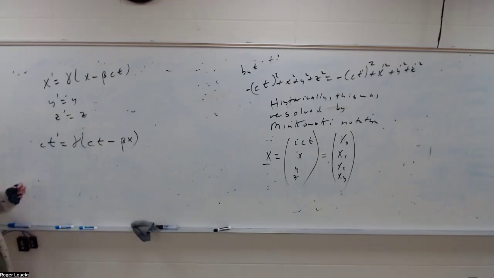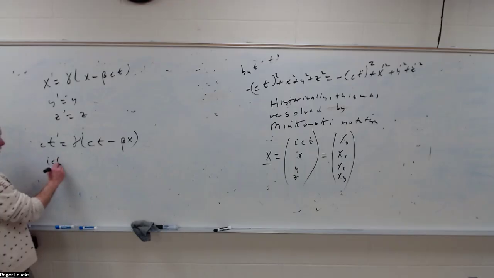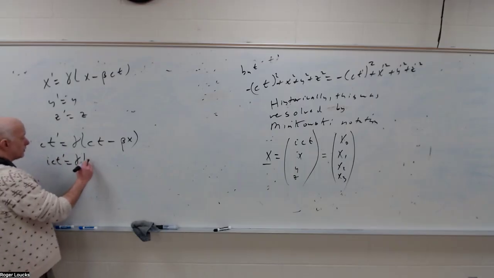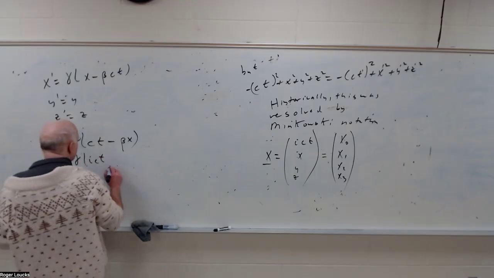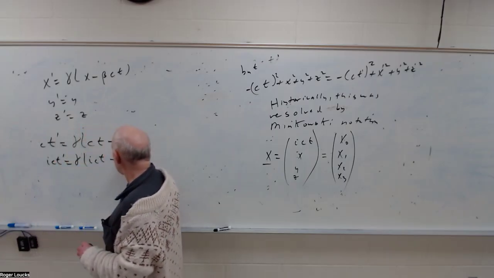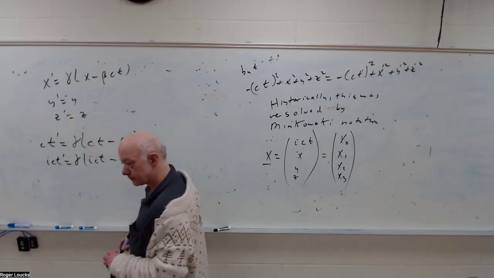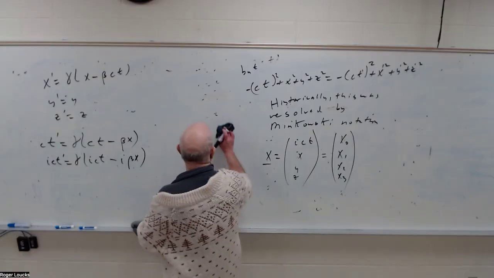We just multiply everything by i. So I wrote this as ict prime equals gamma ict, and then minus i beta x. So I'm going to write this as a matrix.